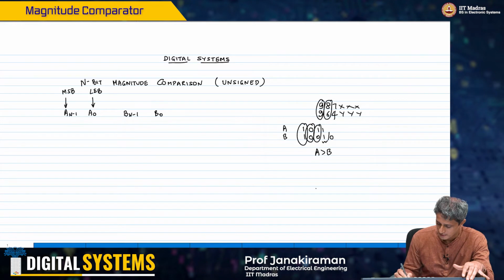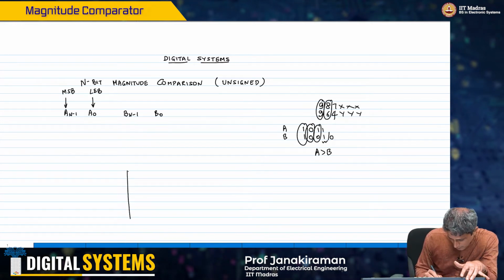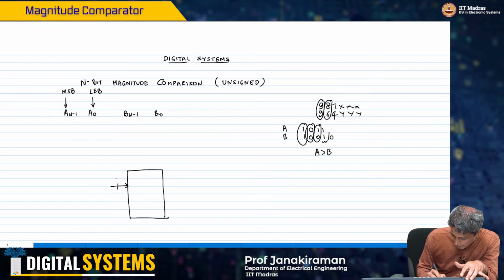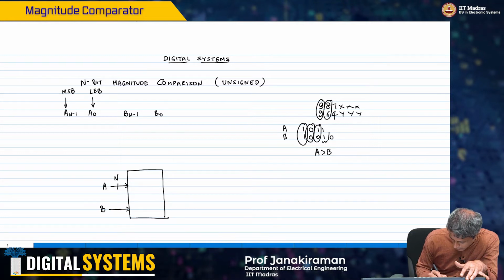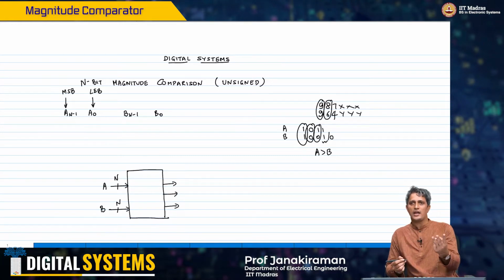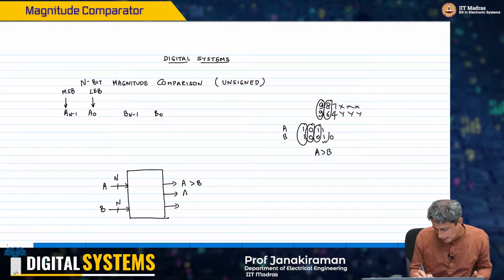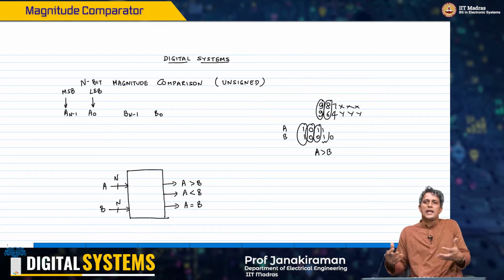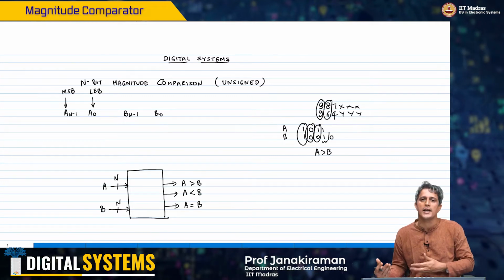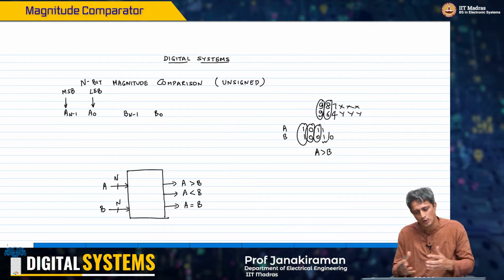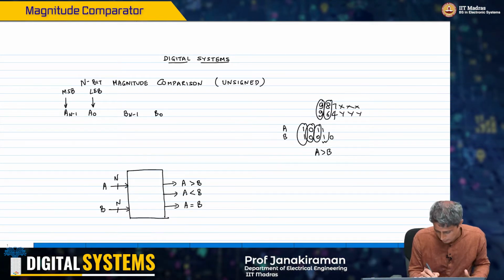I'm going to look at a system which takes an n-bit A, let's say 4-bit for now, and another n-bit B, and it has 3 outputs, because there are 3 cases: A is strictly greater than B, A is less than B, or A is equal to B. If you want A less than or equal to B, you just need to OR the two outputs, and for A greater than or equal to B, you OR the first and third outputs. You can improvise on this later.